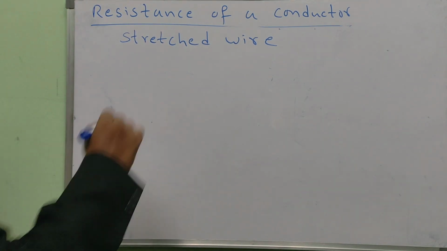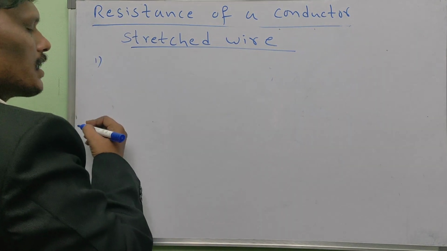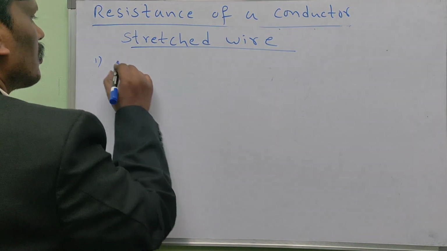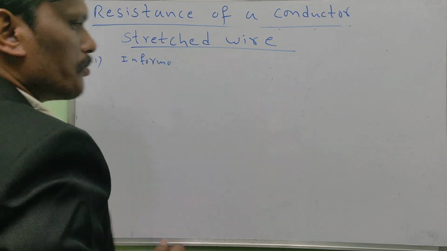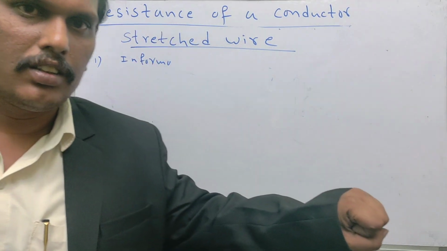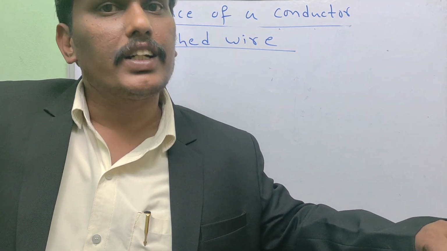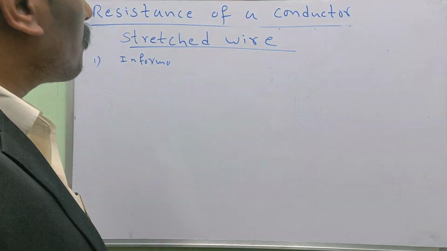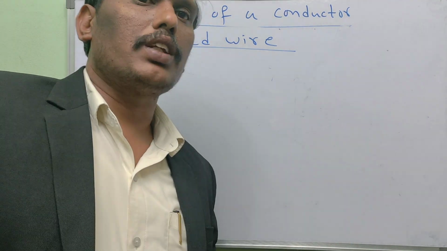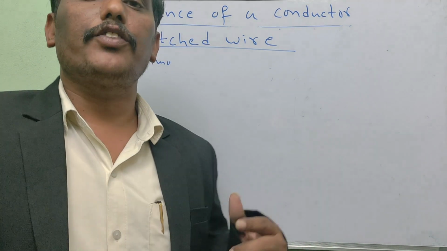If I consider a stretched wire, what happens when I stretch the wire? Length increases and area of cross section decreases, both at the same time. But in the problem, he won't give both pieces of information. He will give information either about area or about length.